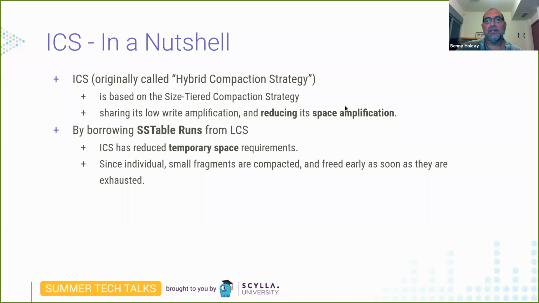By doing so, ICS has reduced the temporary space requirements of size-tiered compaction strategy. It does so since individual small fragments from SSTable runs are compacted and are freed early as soon as they are exhausted.